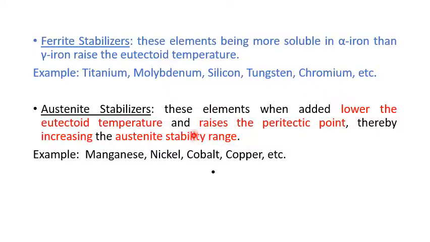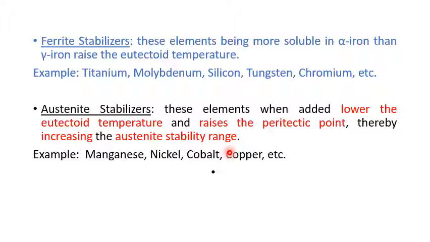Now, at the normal eutectoid temperature, austenite can exist above 727. If you want this austenite to be present below 727 also, we add manganese, nickel, cobalt, copper. These elements lower the eutectoid temperature, thereby increasing the area in which austenite can exist.